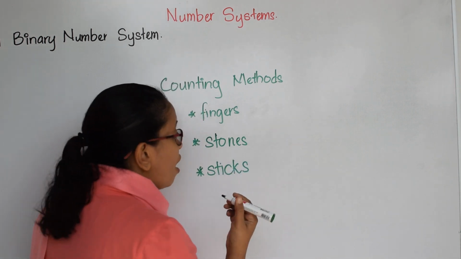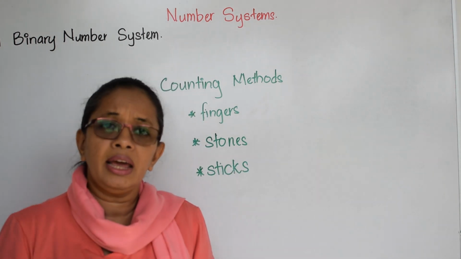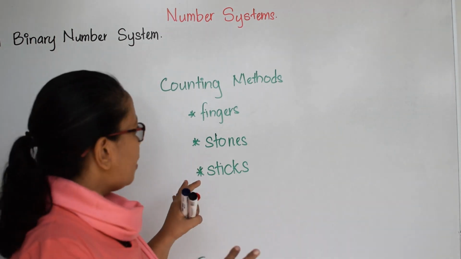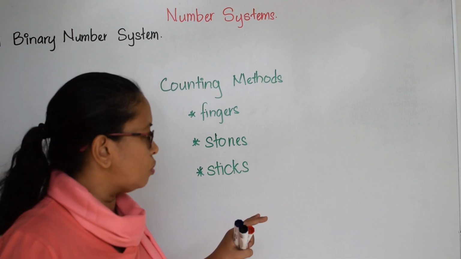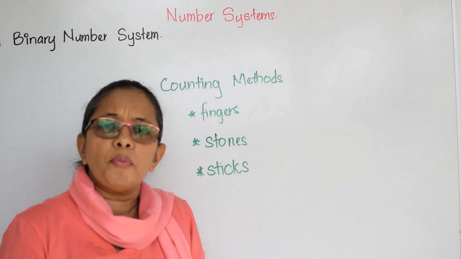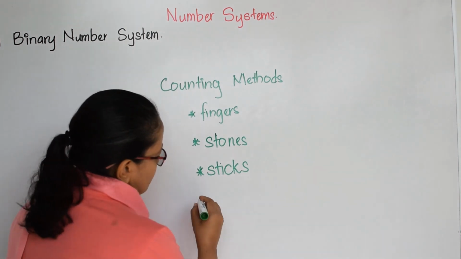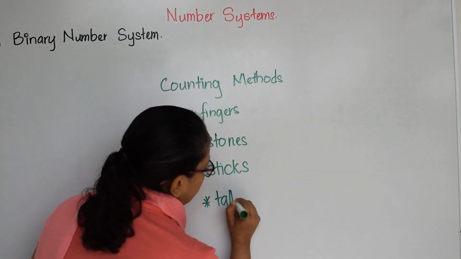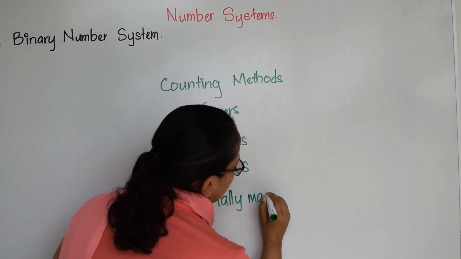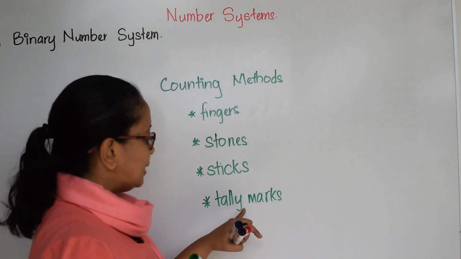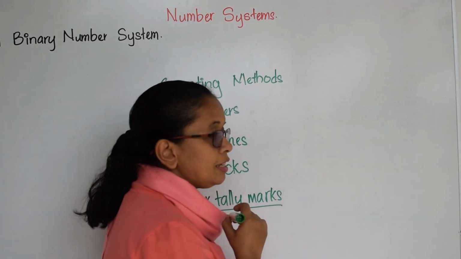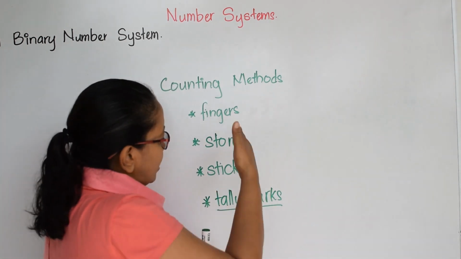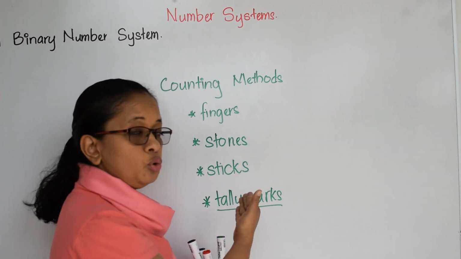Now, much later, they found another, proper method, which we know as tally marks. This is a kind of systematic way that humans used to count. But why did they move from these methods to this one?